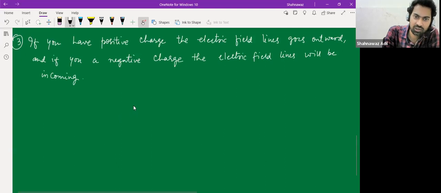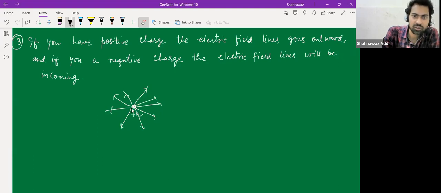Let's say that you have this positive point charge. So for the positive charge, the electric field lines would be outward. Okay, guys. And for the negative charge, the electric field lines would be inward.